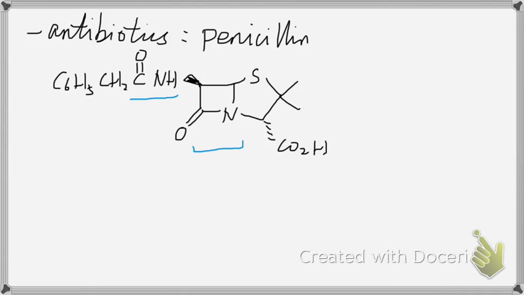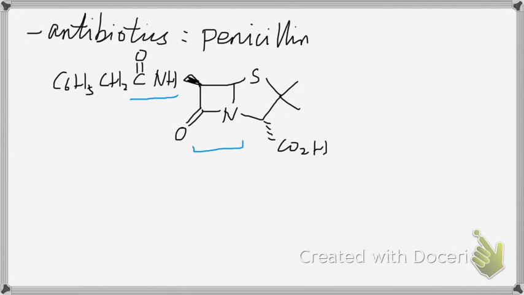One is outside the ring, the other is inside a four-membered ring. So we have a cyclic amide here, and the activity of antibiotics for penicillin actually relates to this four-membered ring lactam.